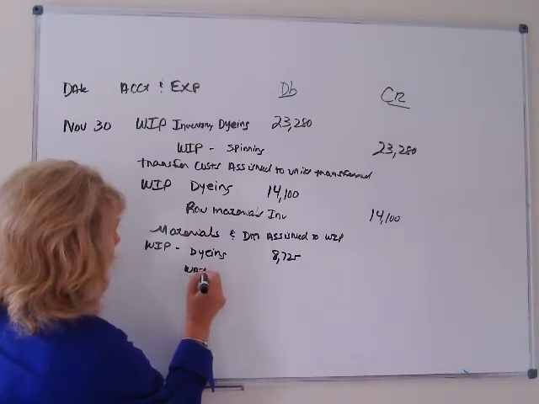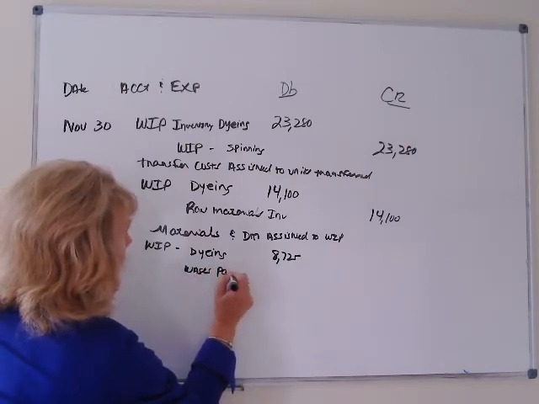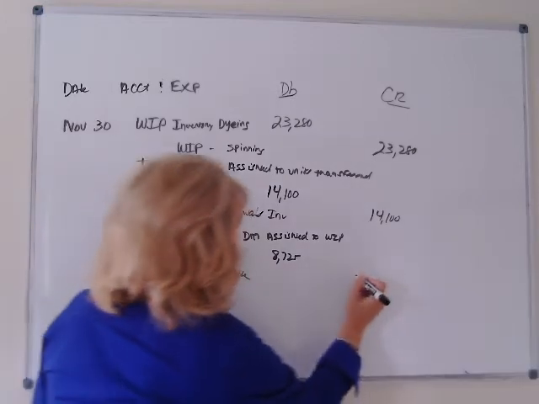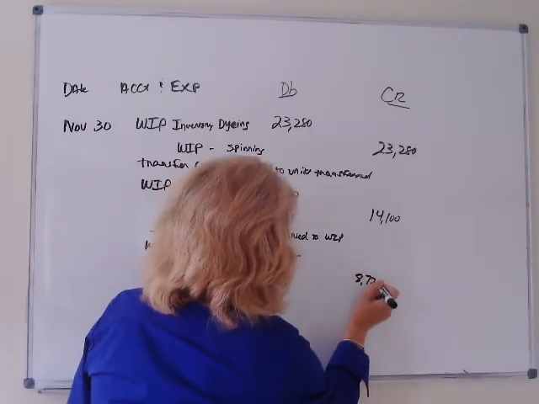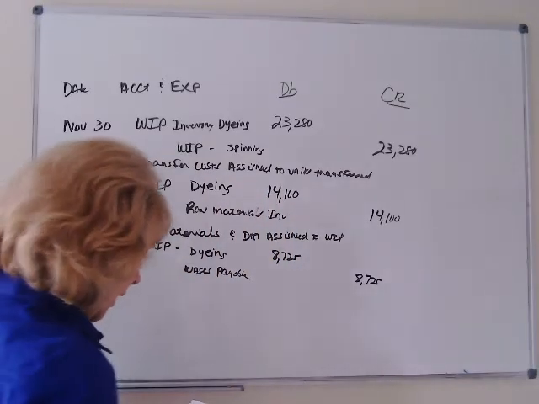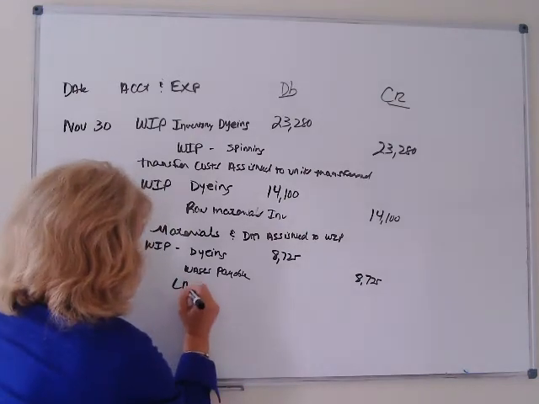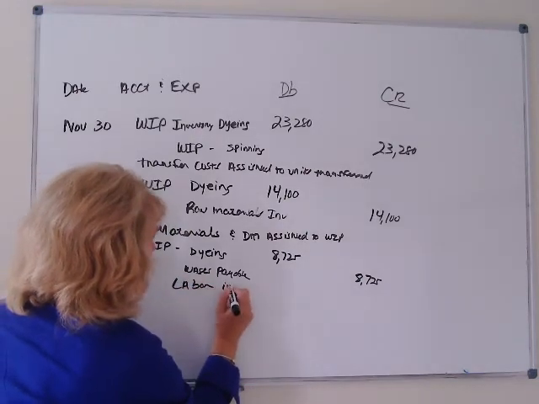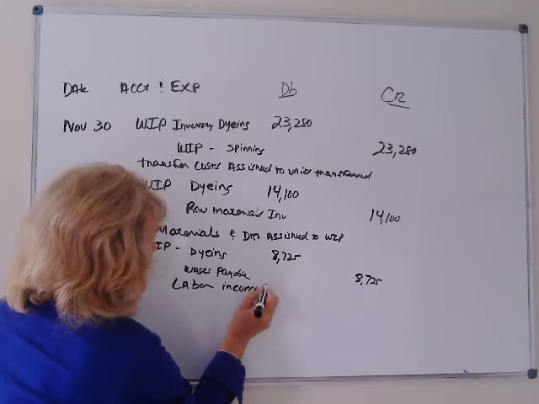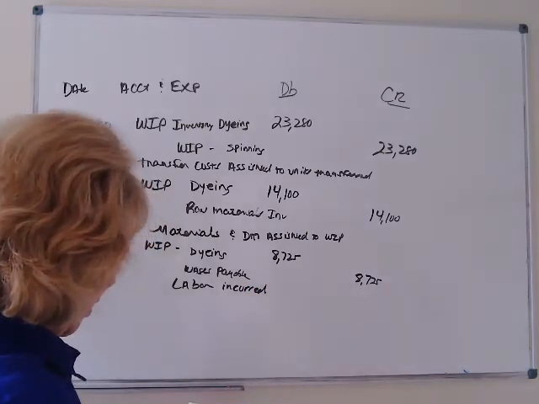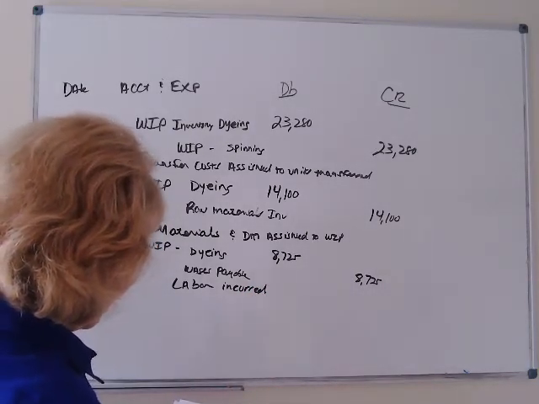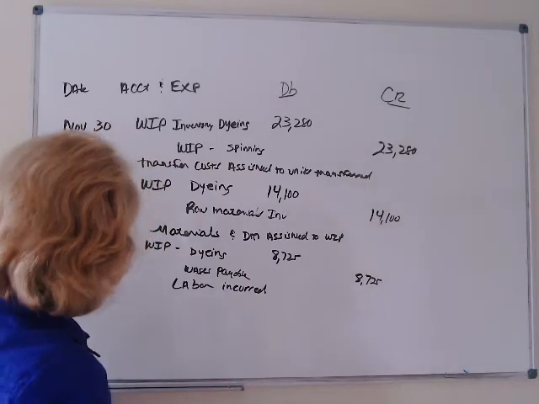This is for wages. Okay, the explanation, labor incurred. Okay. All right, next we're going to break out the overhead.